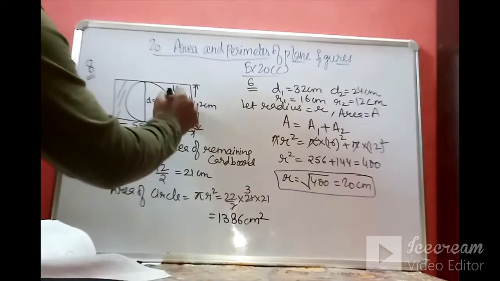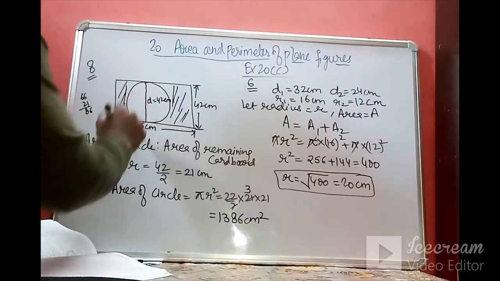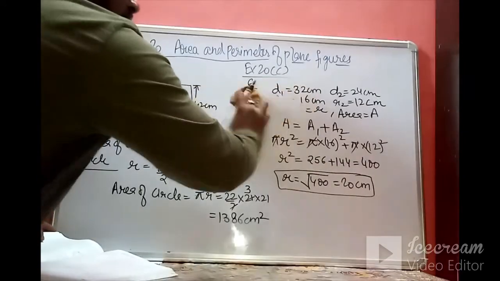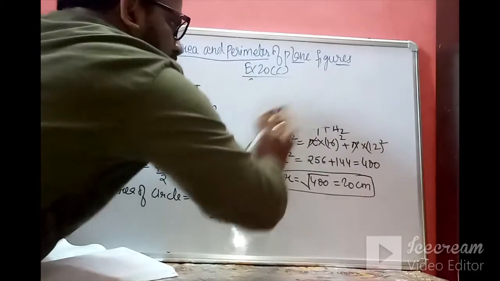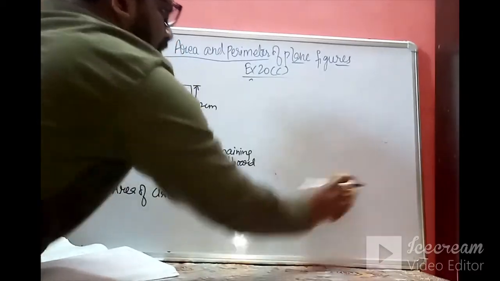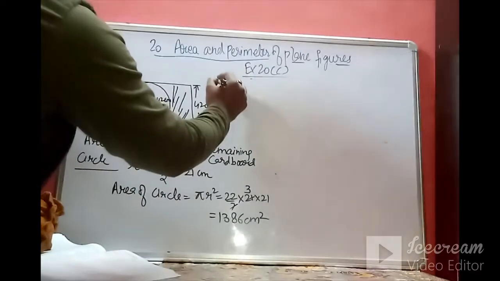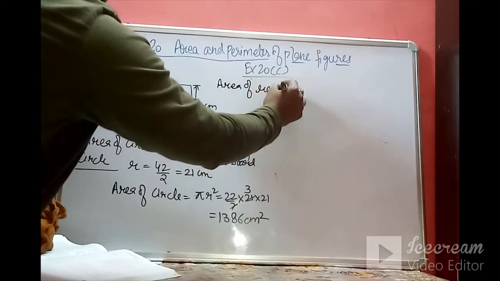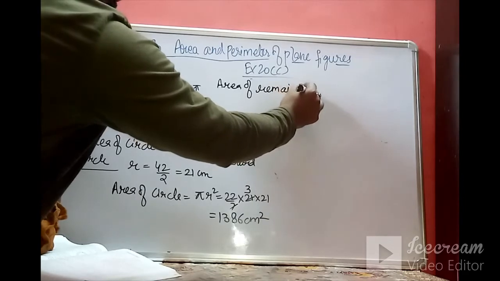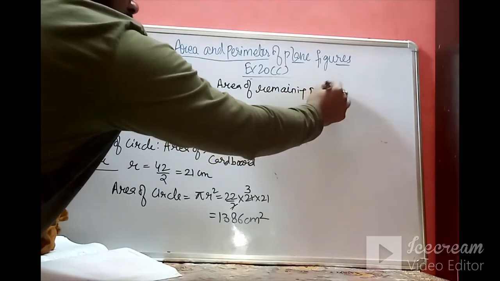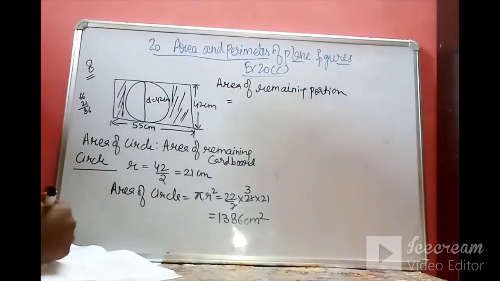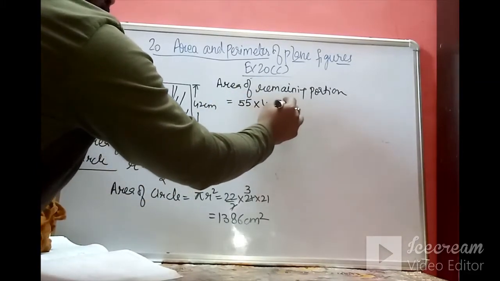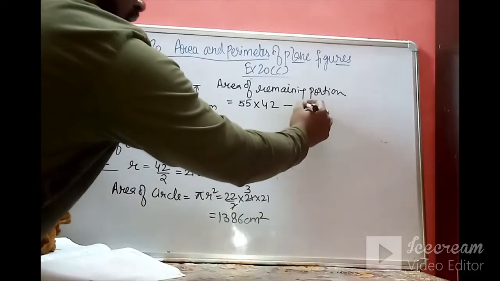Now if you see very carefully, this remaining portion you will get when this circle has been cut from this cardboard. So for that, what we are going to do, we will calculate area of remaining portion, that will be equal to area of rectangle, that is 55 into 42 minus this area.